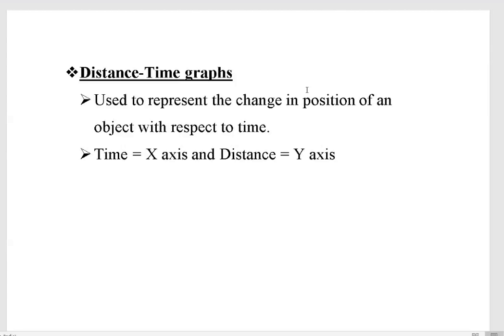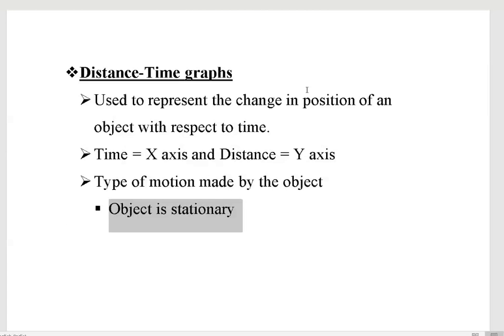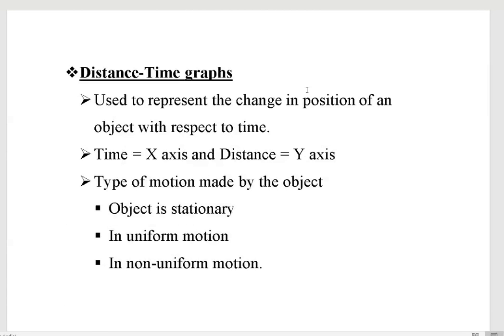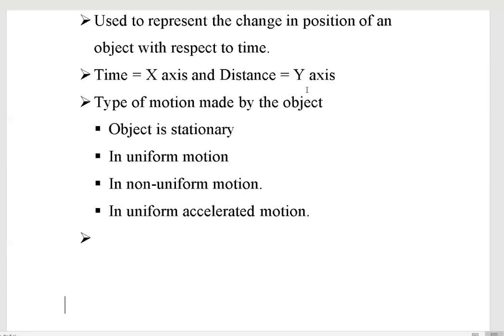Distance-time graphs help us to find out the type of motion made by the object. In that, if the object is stationary, is it in uniform motion or non-uniform motion, or if the object is in uniform accelerated motion.